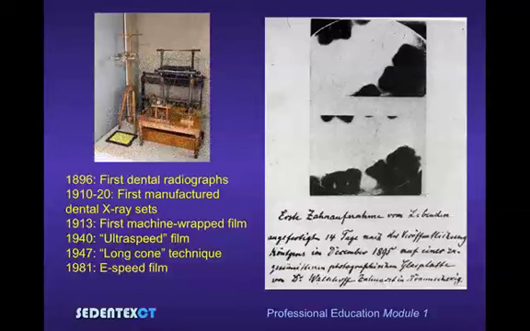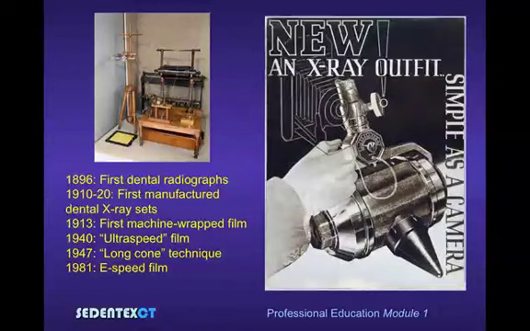Up to that point, equipment was very primitive, homemade apparatus, such as you can see on the top left. In contrast, on the right, you can see a piece of dental X-ray equipment from the 1930s that is beginning to look something more like normal modern X-ray equipment. But there's still a long way to go before we see what we have today.